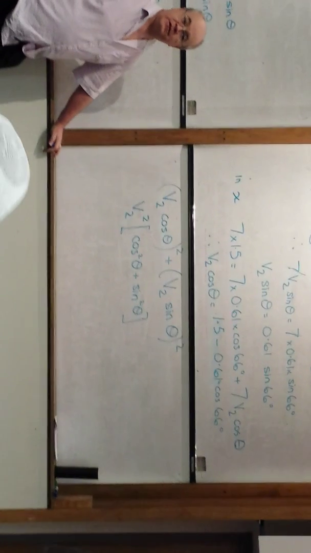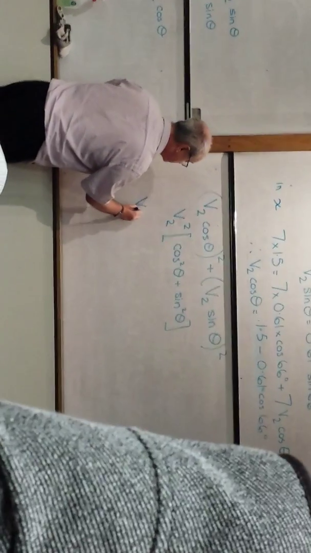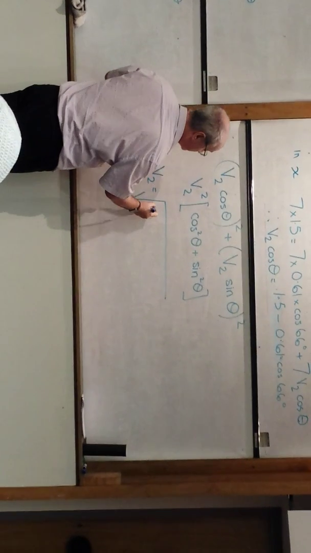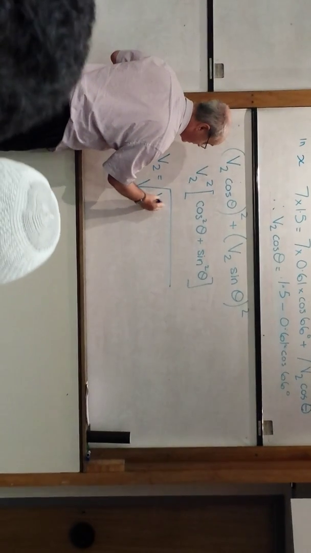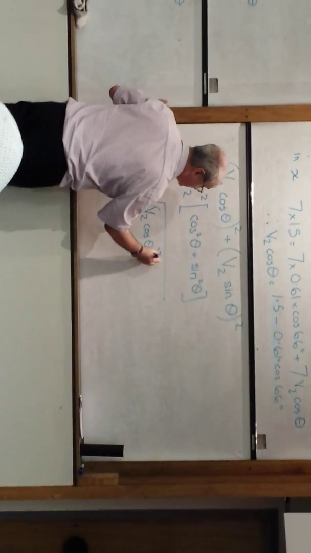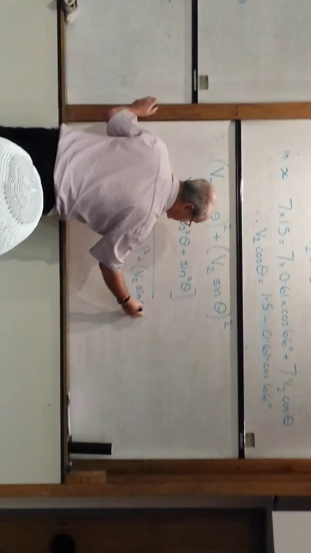What's cos squared plus sine squared? 1. So we can say that v2 is the square root of, and this is going back to what we had last semester, v2 cosine theta squared plus v2 sine theta squared.